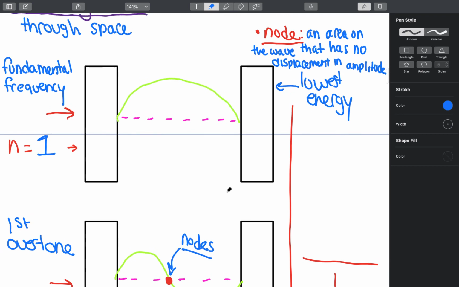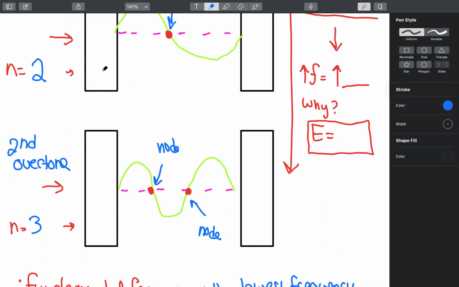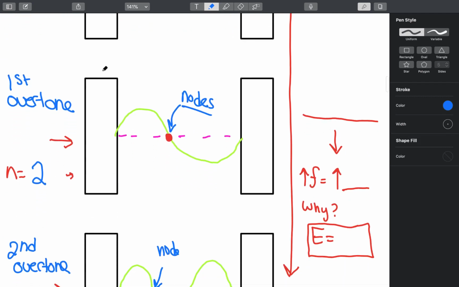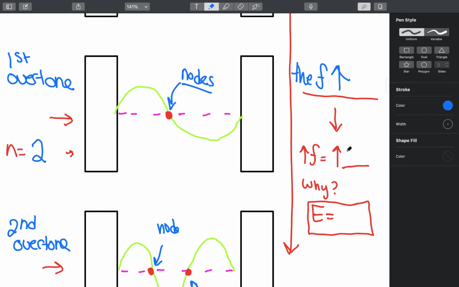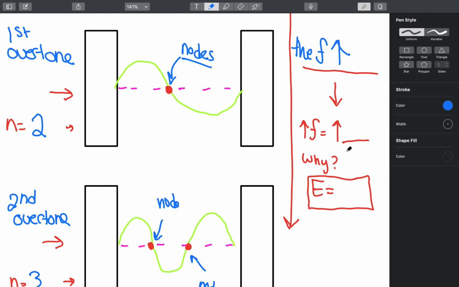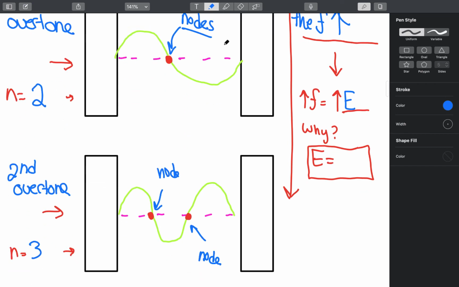So let's summarize what we learned here. As we go from top to bottom, the frequency increases. And as the frequency of the wave increases, the energy increases as well. So we also increase in energy from top to bottom.